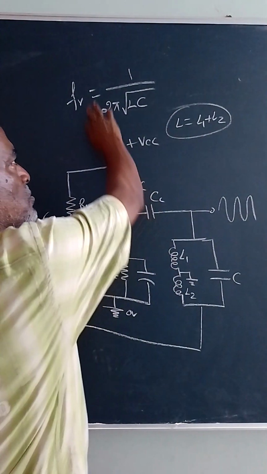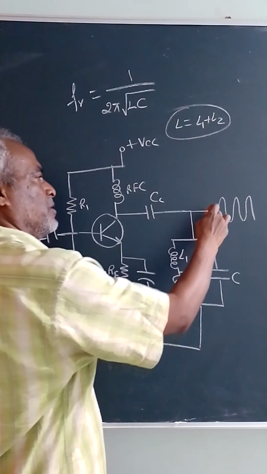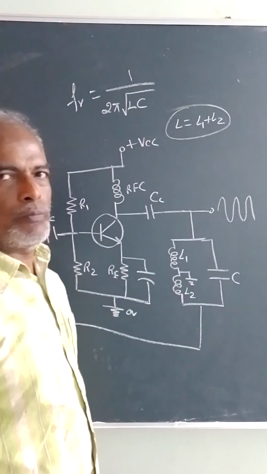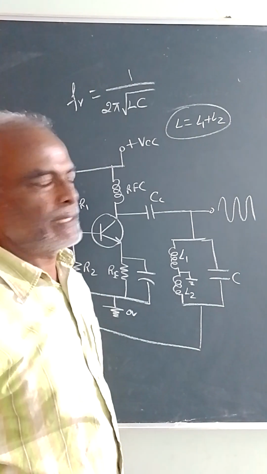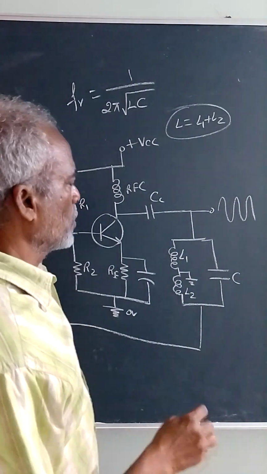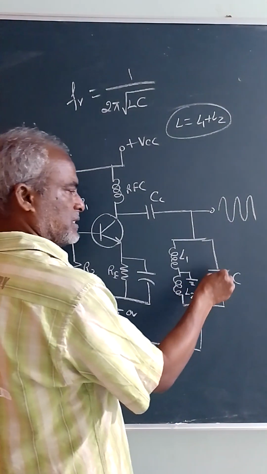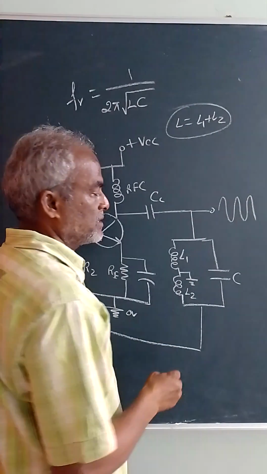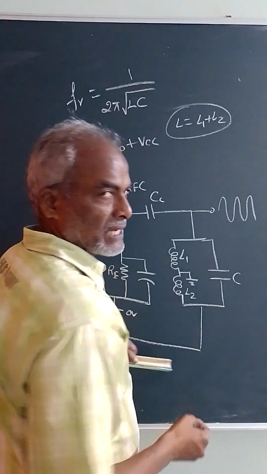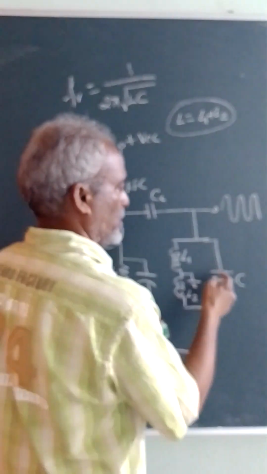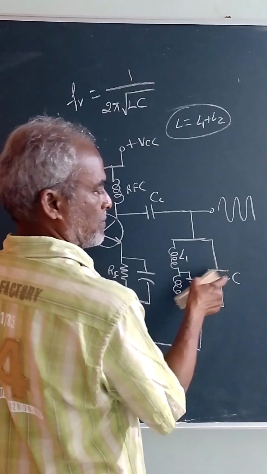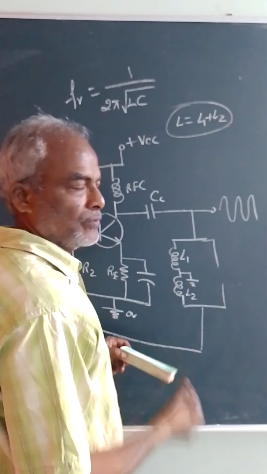That means if these values are fixed, then we are going to get a fixed frequency output waveform. Amplitude is also fixed. Now what you do is, instead of this capacitance, you connect a condenser microphone.